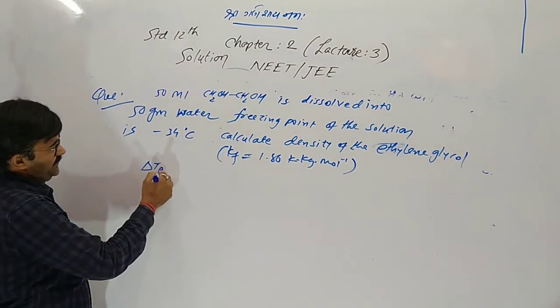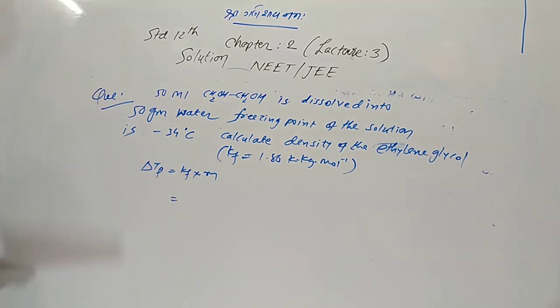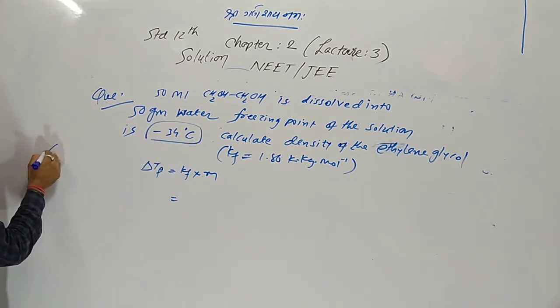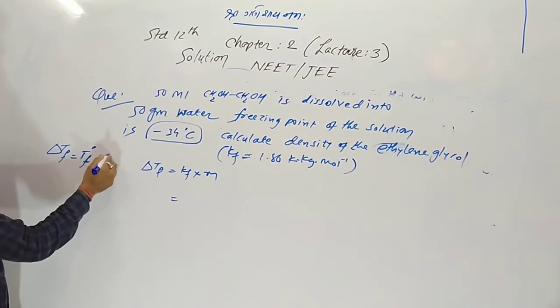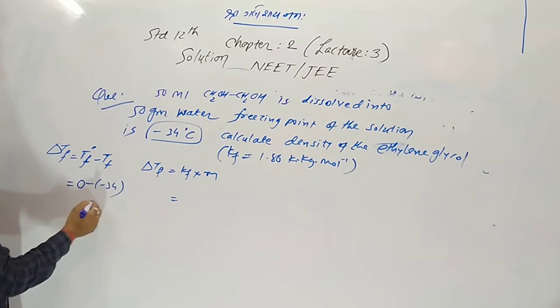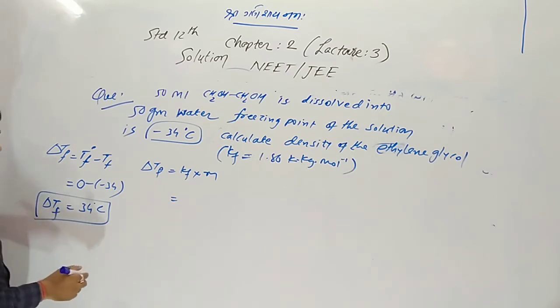So delta Tf is equal to Kf into m. Everybody knows. Here the freezing point is given. First we have to derive the depression in freezing point: T0f minus Tf, 0 minus minus 34. So the depression in freezing point is plus 34.